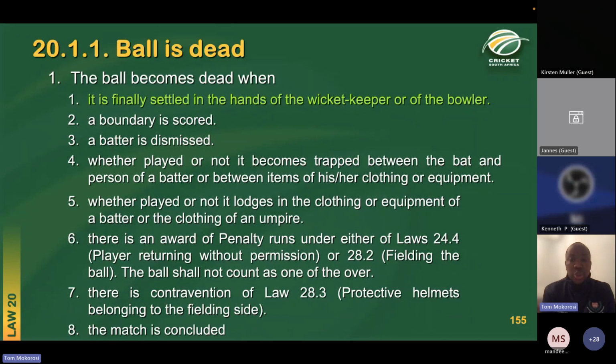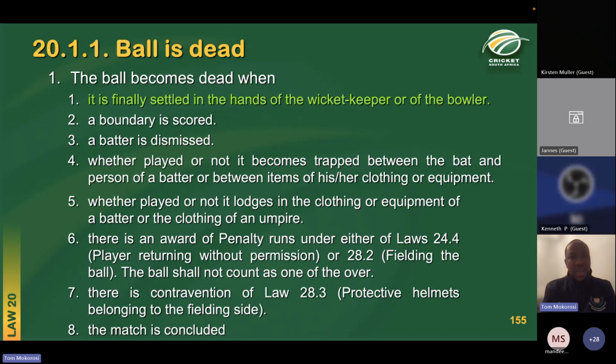We've spoken also about the protective helmet discarded behind the wicket keeper of the fielding side. If the ball comes into contact with that helmet, then the ball automatically becomes dead.